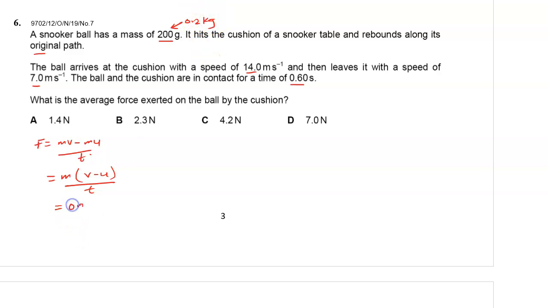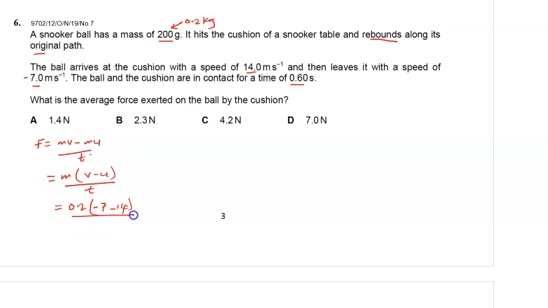So it will be 0.2 times the final speed of the ball, which is 7, but in the opposite direction. Since it has rebounded along its original path, if 14 is positive, then 7 is negative. So minus 7 minus the initial velocity, which is 14, minus 14.